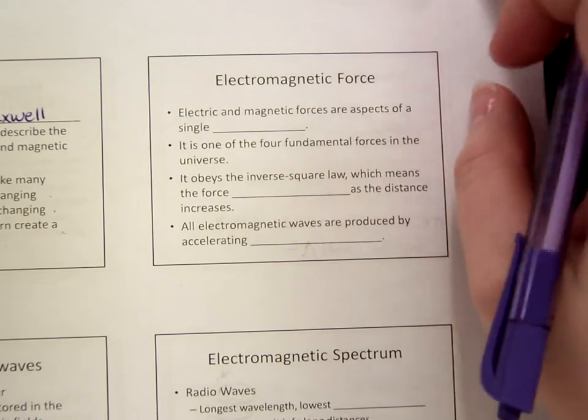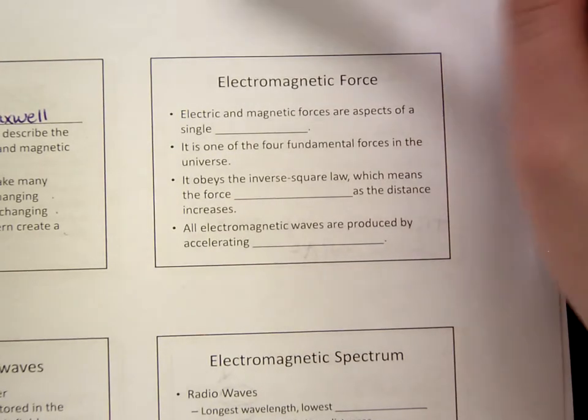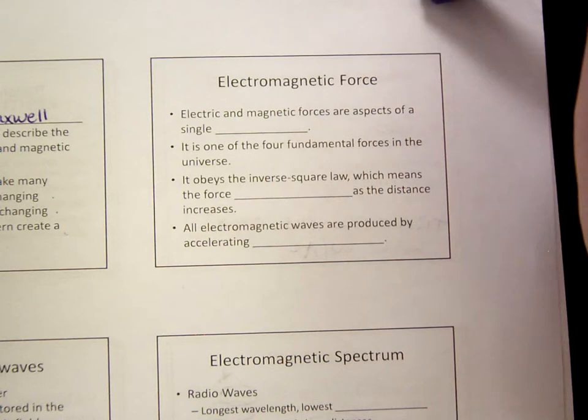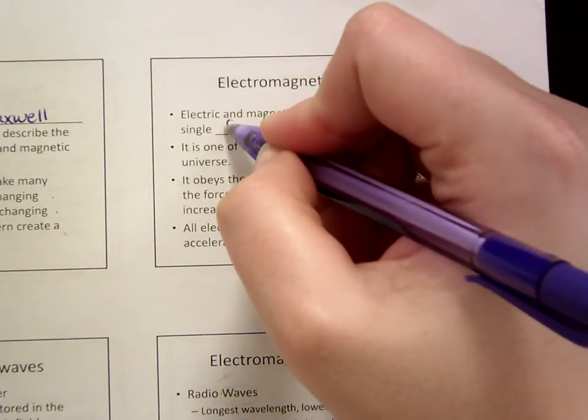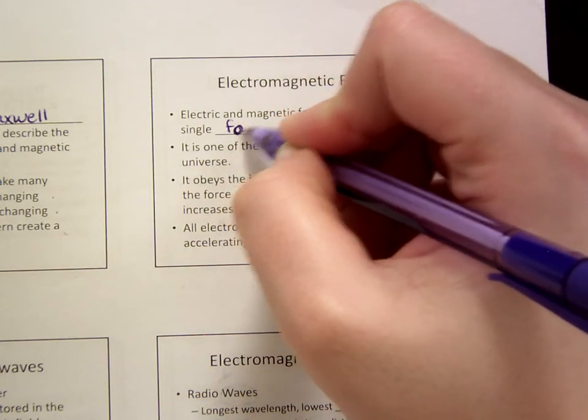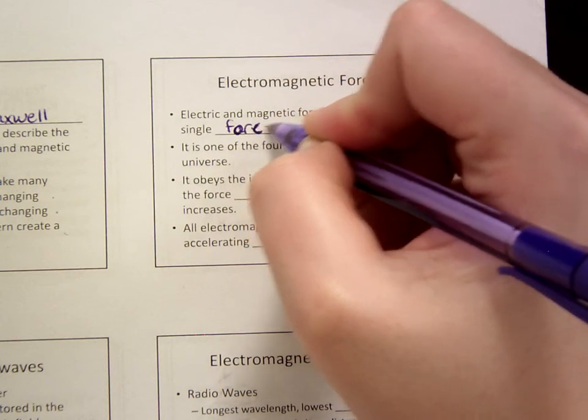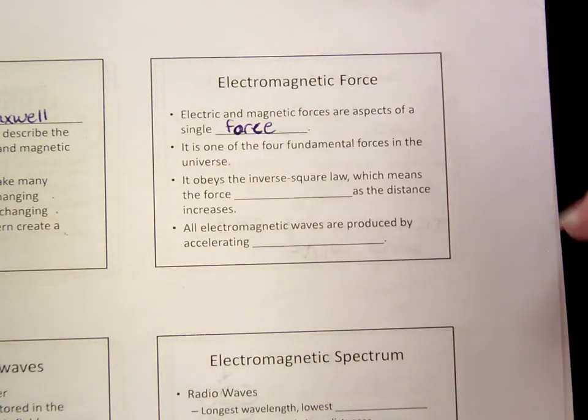Now, we've studied electric forces and magnetic forces in different chapters, but technically they are part of a single force. Electromagnetic force is one of the 4 fundamental forces in the universe. Those 4 forces being gravity, electromagnetic force, strong nuclear, and weak nuclear.